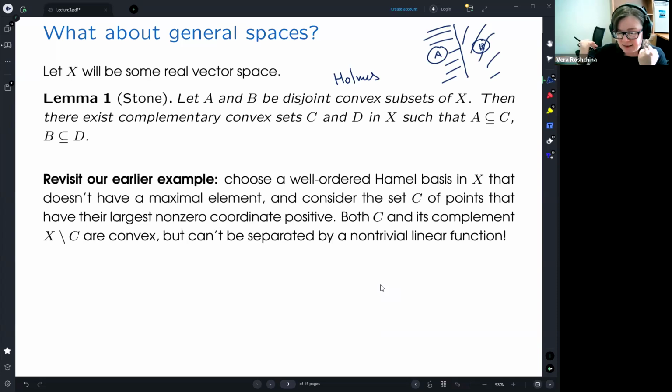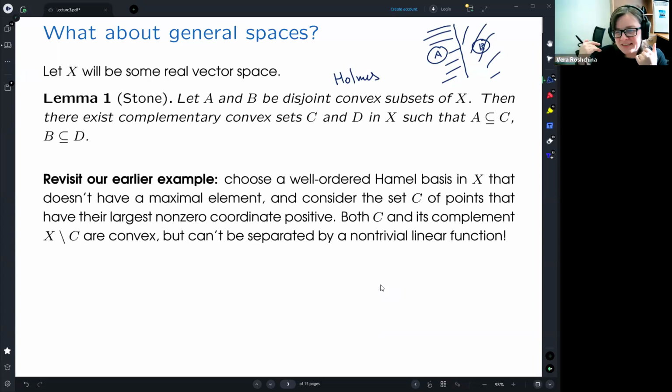And in fact, every infinite dimensional space will have a pair of convex sets that cannot be separated by a hyperplane. And this is a very classic example. I don't like this example because it is non-constructive. However, I don't have a better one to demonstrate this.